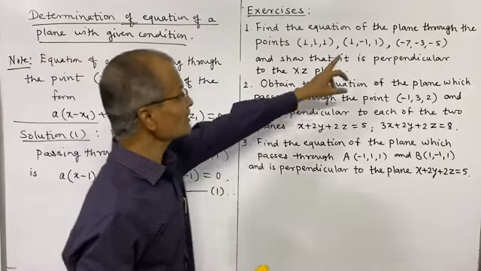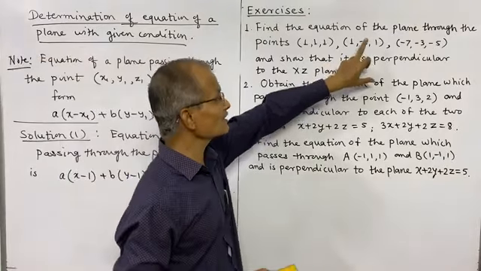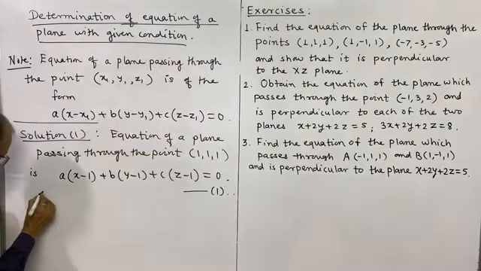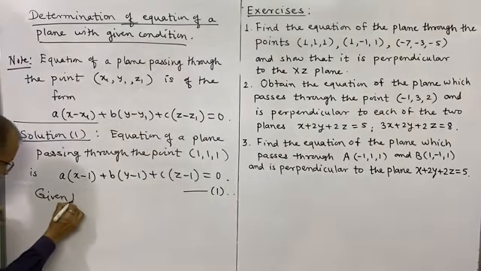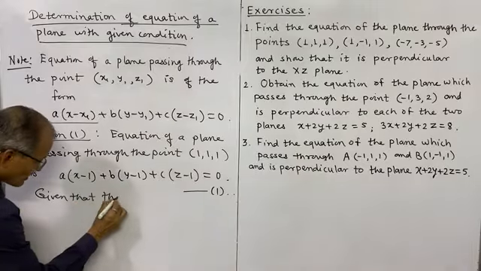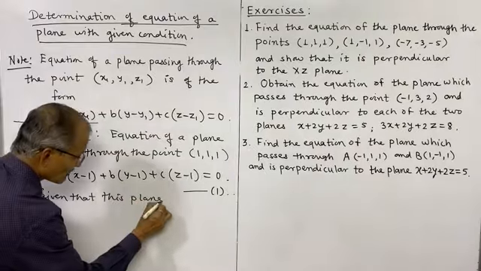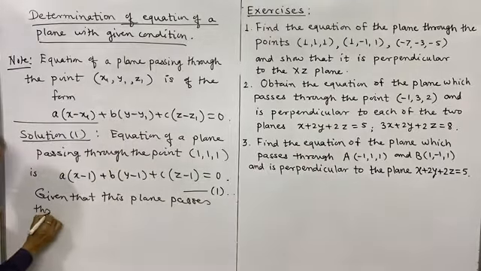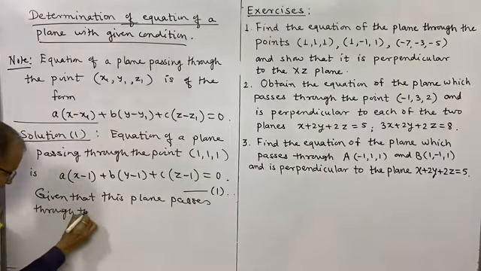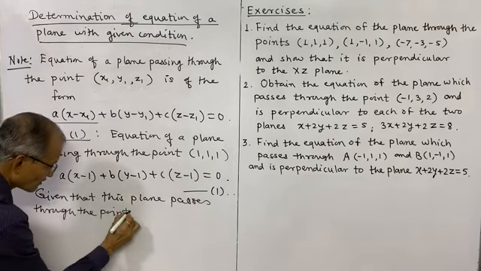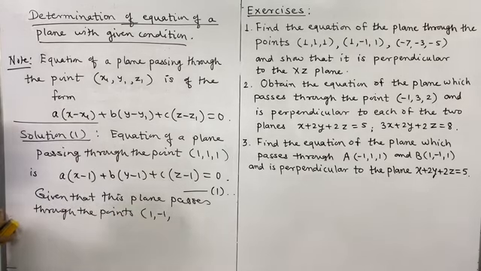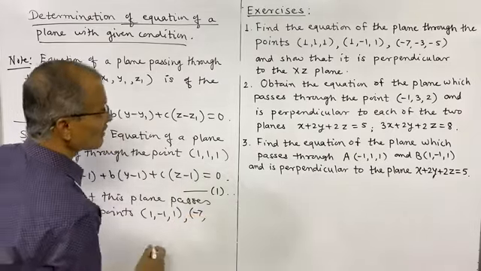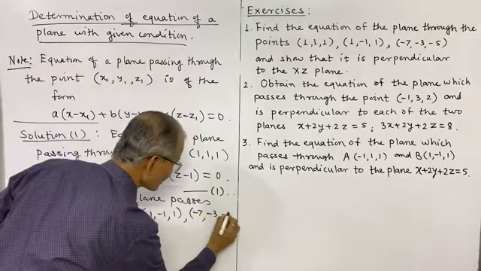Again 2 more conditions are given that the same plane passes through the second point and the third point also. So given that this plane passes through the points 1, minus 1, 1 and minus 7, minus 3, minus 5.